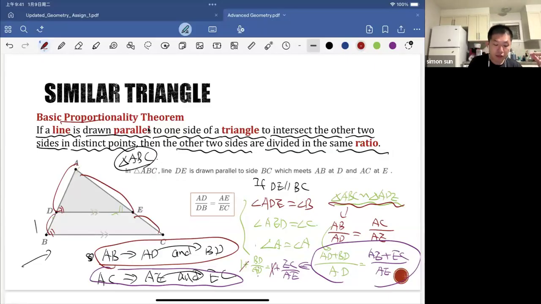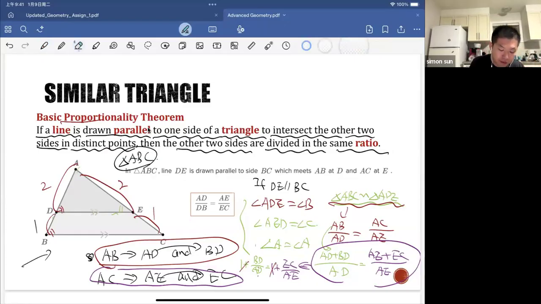So basically, if on the left you separate the ratio as 2 to 1, then on the right side EC you will also separate as 2 to 1. Okay, this will help you solve questions quickly.